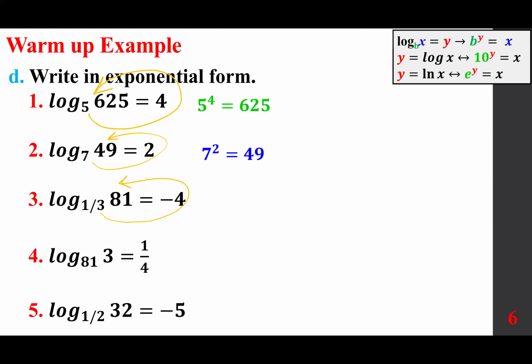One-third to the power of -4 is 81. 81 to the power of 1/4 is 3. 1/2 to the power of -5 is 32.